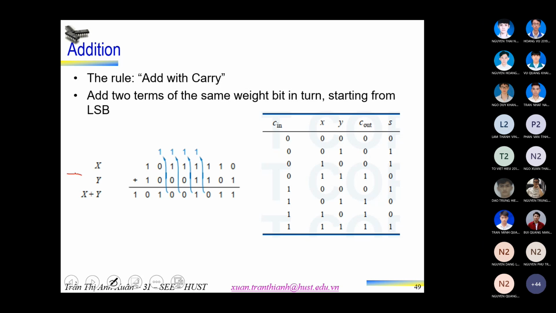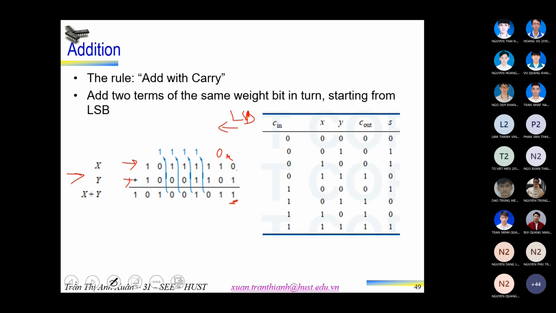For the example, we can see the addition of two binary numbers, the first operand and the second operand. First we start from the LSB. 0 plus 1 is equal to 1, and the carry out here is equal to 0.